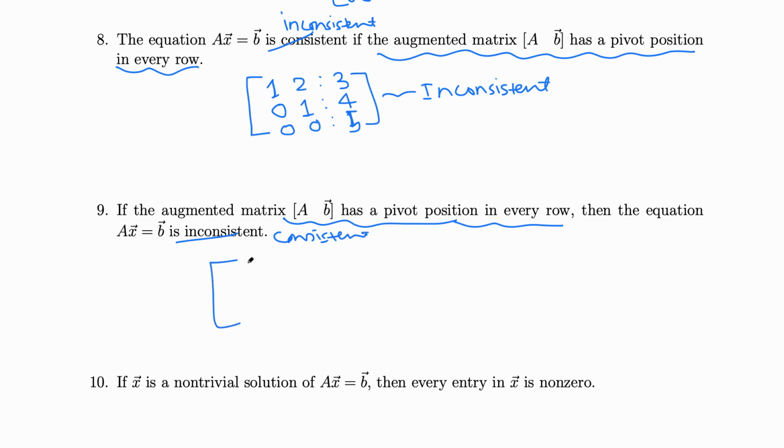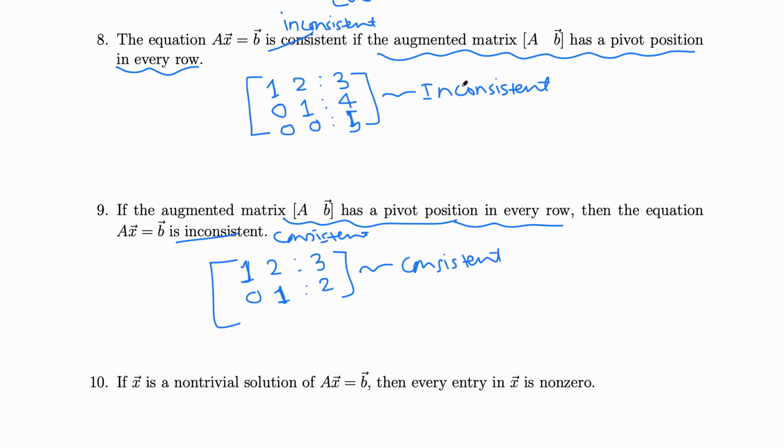Then you can just say 1 2 3 in every row, then 0 1 2. Now we have two rows. Here is a pivot, here is a pivot, so we have a pivot in each row, and this equation is in fact consistent because this is y equals 2, x plus 2y equals 3, so this is consistent.